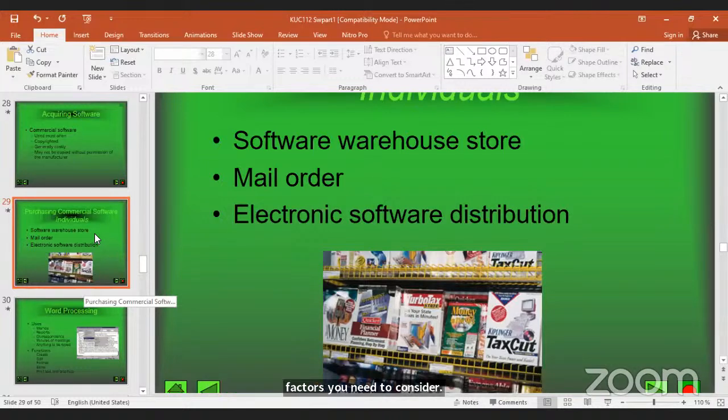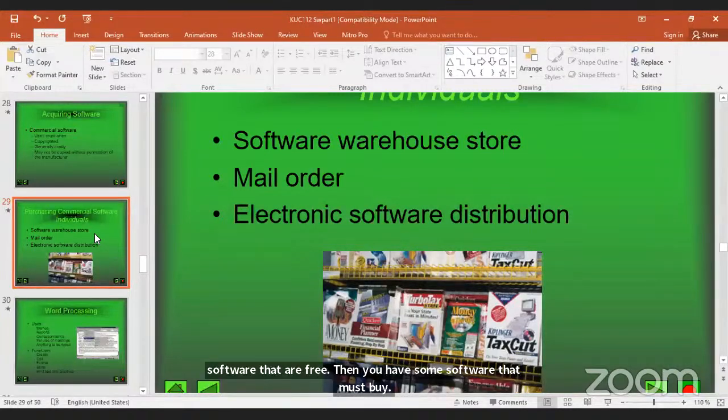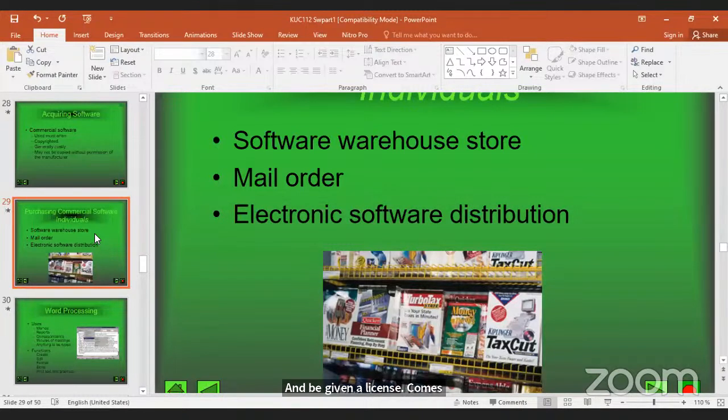Also, you need to consider the cost, right? We have some software that are free. Then you have some software that you must buy and be given a license. When it comes to security, between a software that is sold and a software that you download freely on the internet, which one do you prefer is more secure?